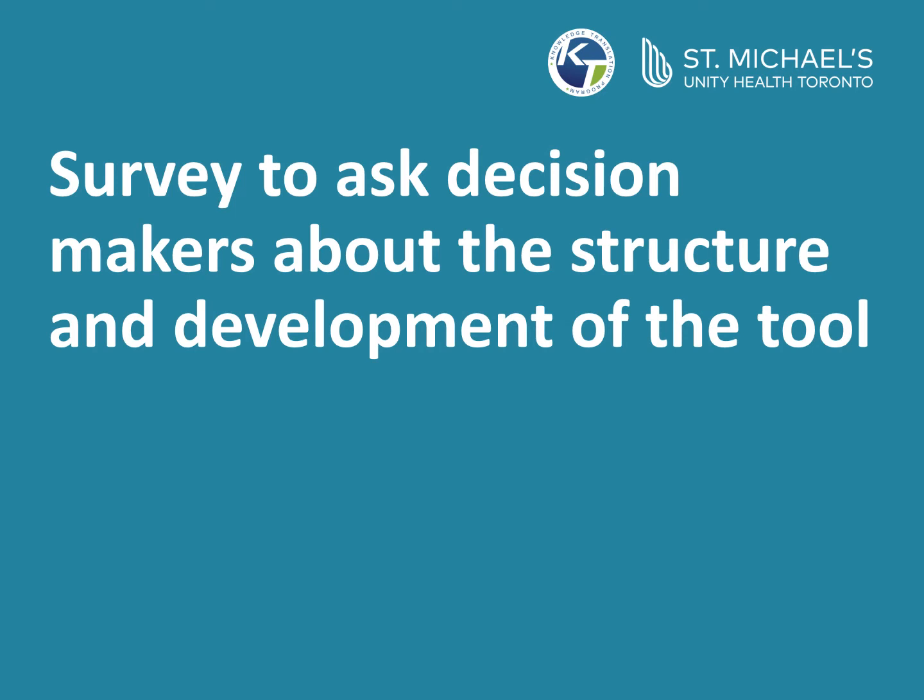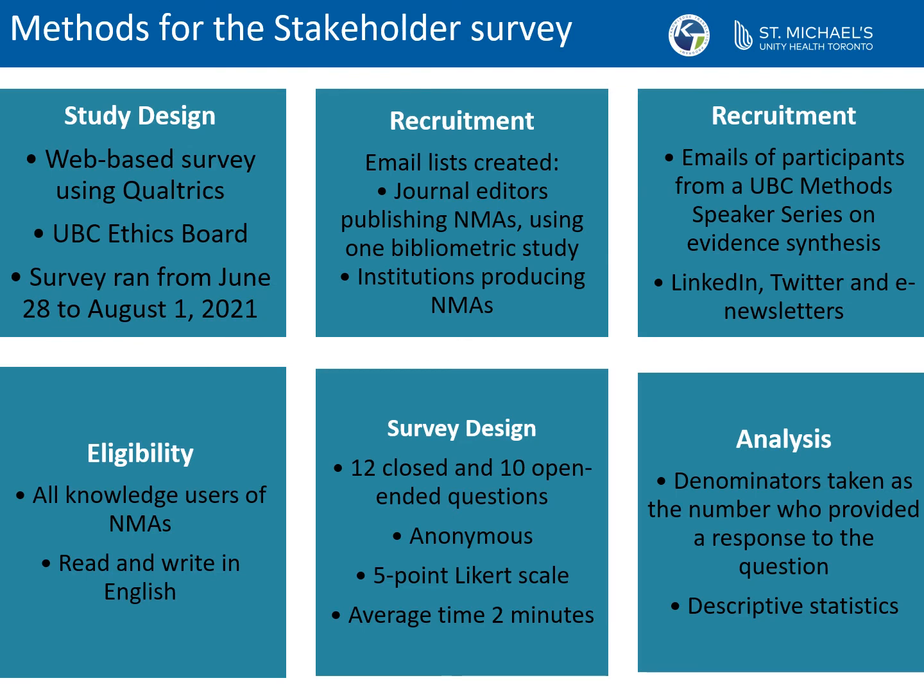We conducted a survey to ask decision makers about the structure and development of the tool. Again, for this survey design, we used Qualtrics and got ethics approval through UBC. The survey ran this summer. We tried to recruit any type of decision maker and institution producing NMAs. Our recruitment was through emails of participants through the UBC Methods Speaker Series.